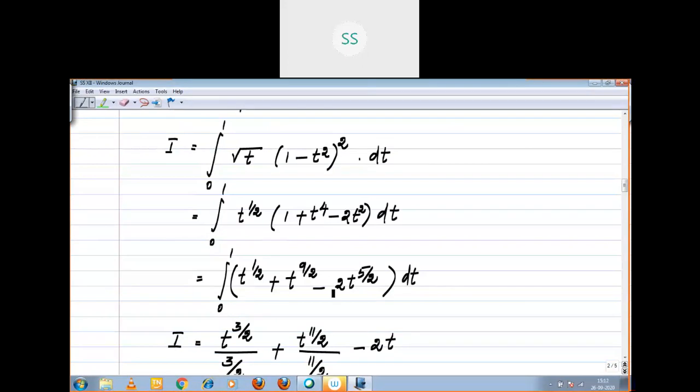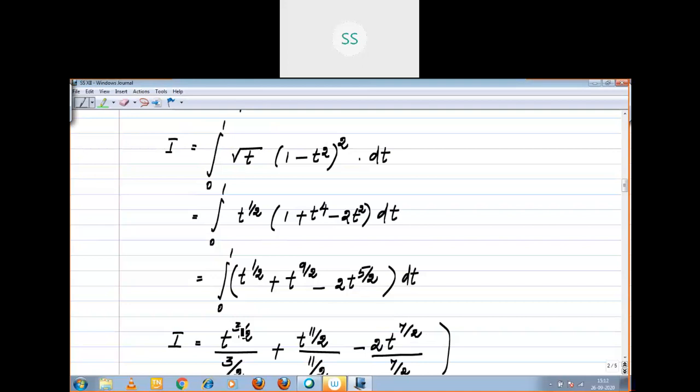So 2ab, in the place of b we have t square. So if you multiply with half, you will get it as 5 by 2. When I integrate t power 5 by 2, I can get t power 7 by 2 divided by 7 by 2.